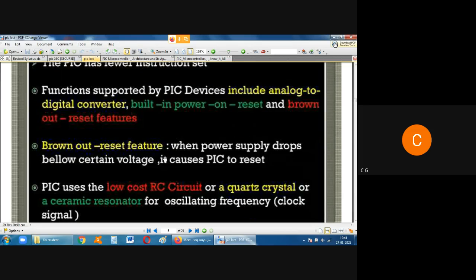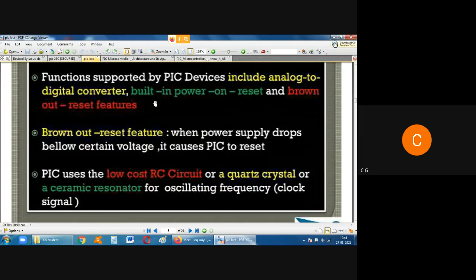The brown out reset feature: when the power supply drops below a certain voltage, it causes the PIC to reset. One is our regular reset, and this is different. Like in your mobile phone, when the battery level goes below a certain percentage, it first shuts down automatically.